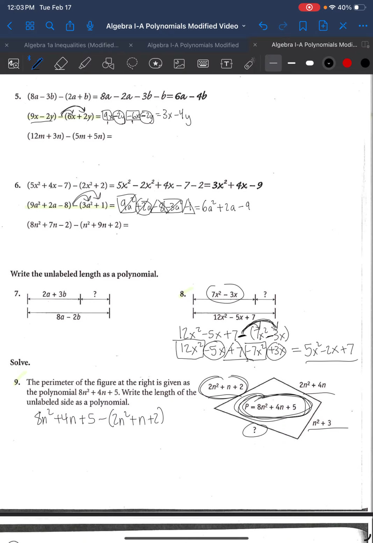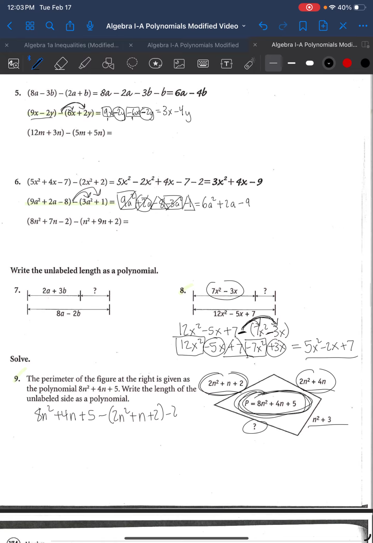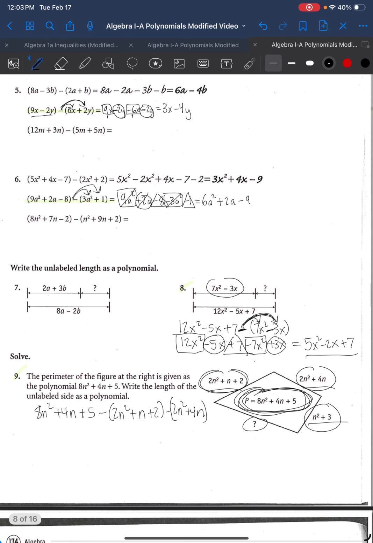And then I also have to subtract 2n squared plus 4n. And I'm running out of room. Super sorry. I meant to put that in parentheses. And then I also have to subtract n squared plus 3. I'm subtracting that whole thing.